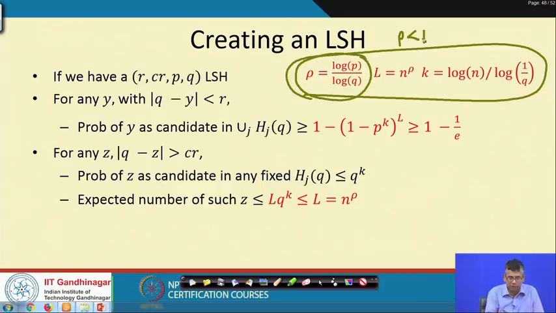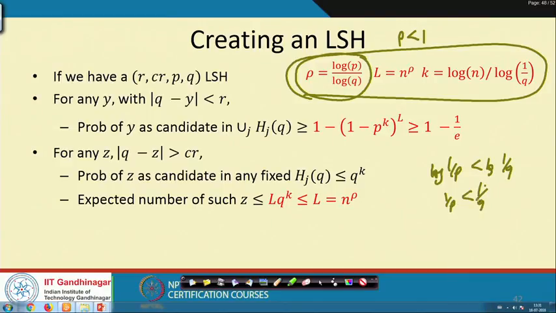Rho is less than 1 because p is larger than q. So log 1 by p is less than log 1 by q, so 1 by p is less than 1 by q, which means that p is larger than q.